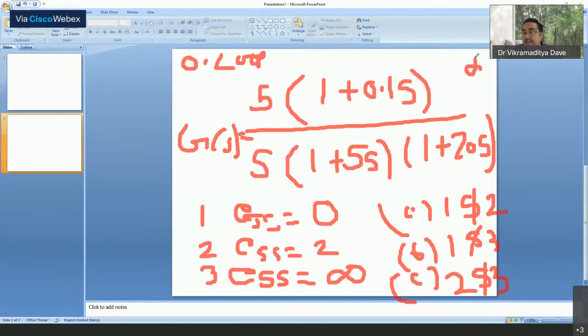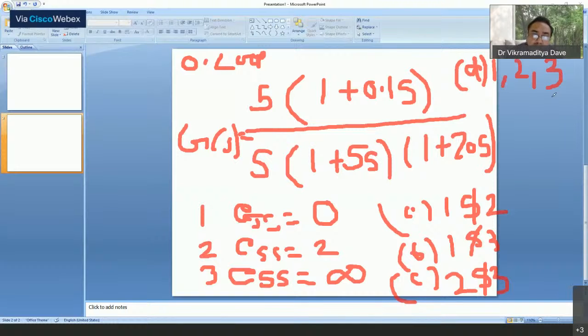And D I am writing here because I don't have the space: D is that 1, 2 and 3 are all correct. Now you have to choose from these options A, B, C, D which is correct regarding these 3 statements for this open loop transfer function.